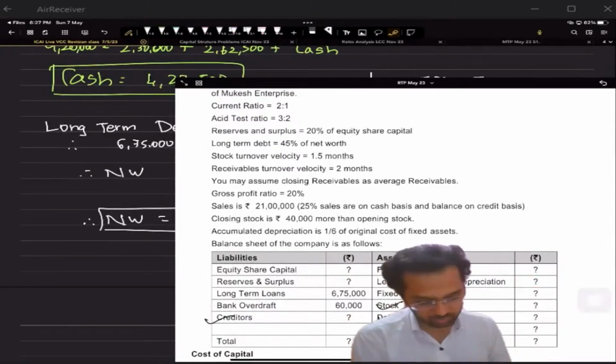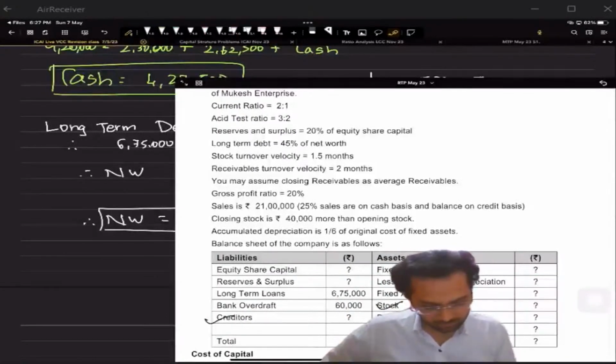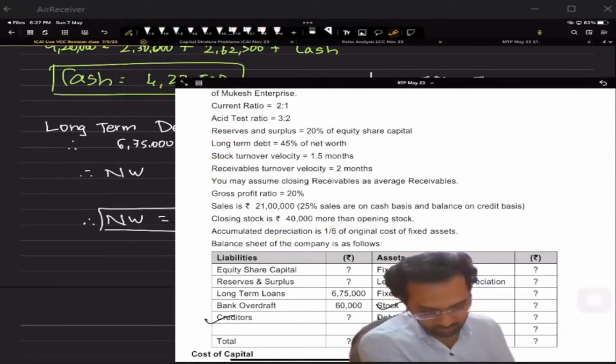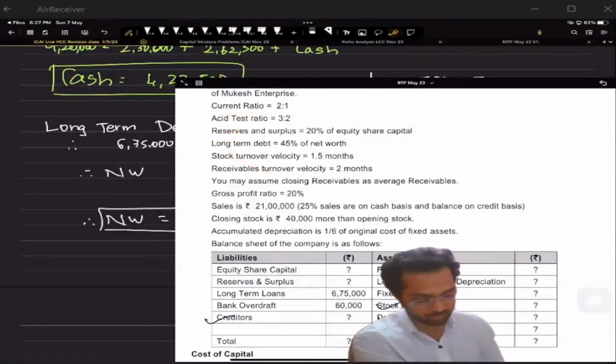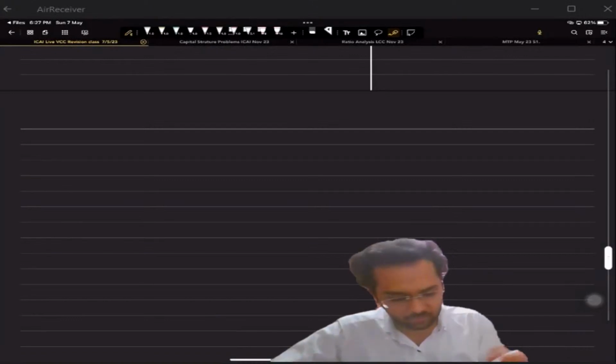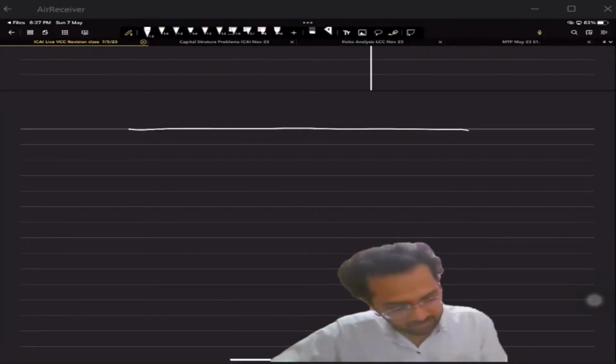And with regards to fixed assets, do they have any other information? Accumulated depreciation is just given, whereas the rest all things is like it's the normal thing. So let's try to prepare a pro forma balance sheet and then try to find out the fixed asset to be the balancing figure.